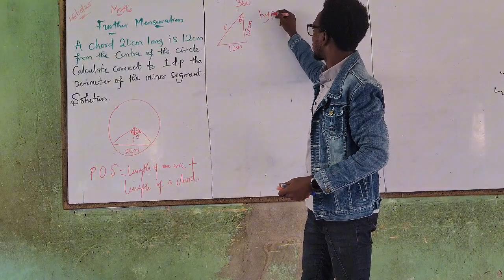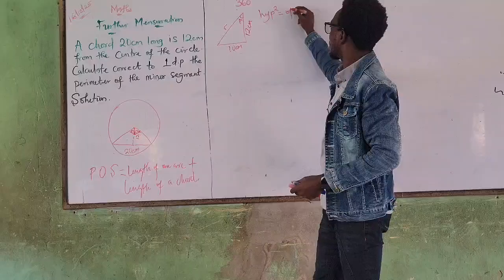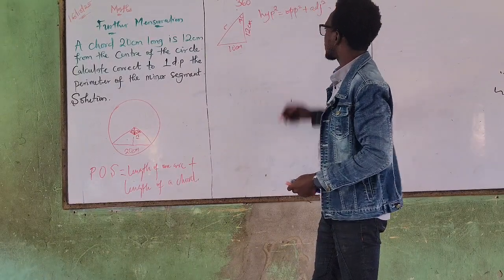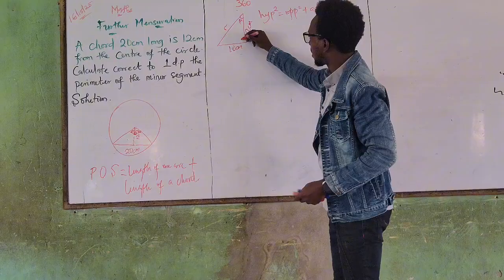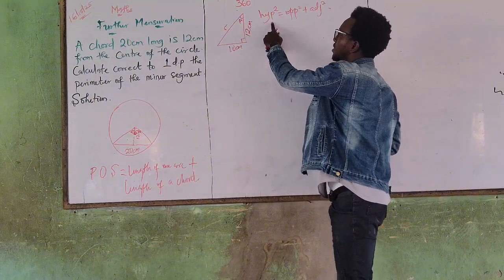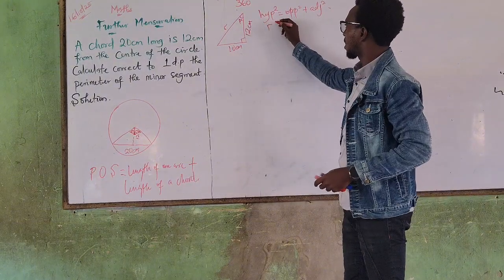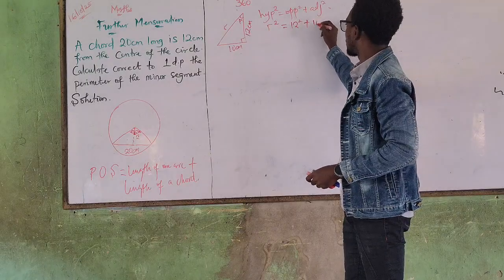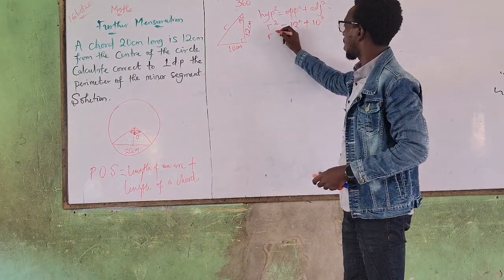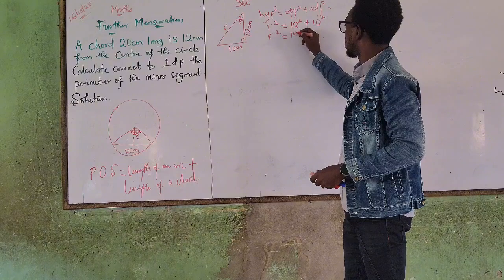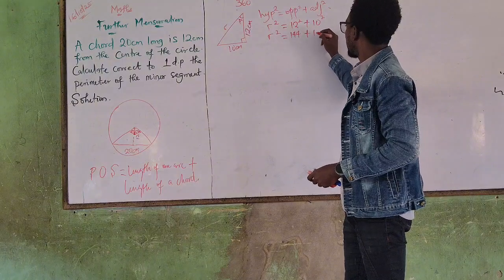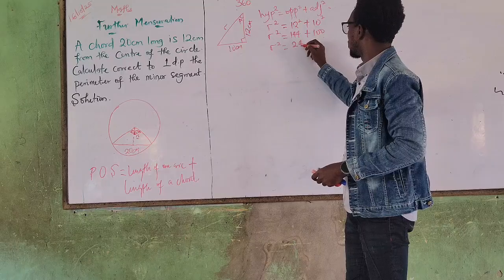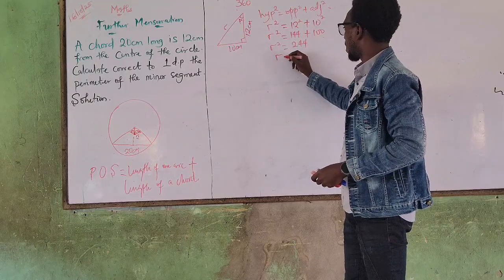So we know that Pythagoras theorem is hypotenuse squared equals opposite squared plus adjacent squared. And from this diagram, our radius is representing the hypotenuse. So we can say r squared equals 12 squared plus 10 squared. So r squared equals 144 plus 100, and our r squared equals 244.